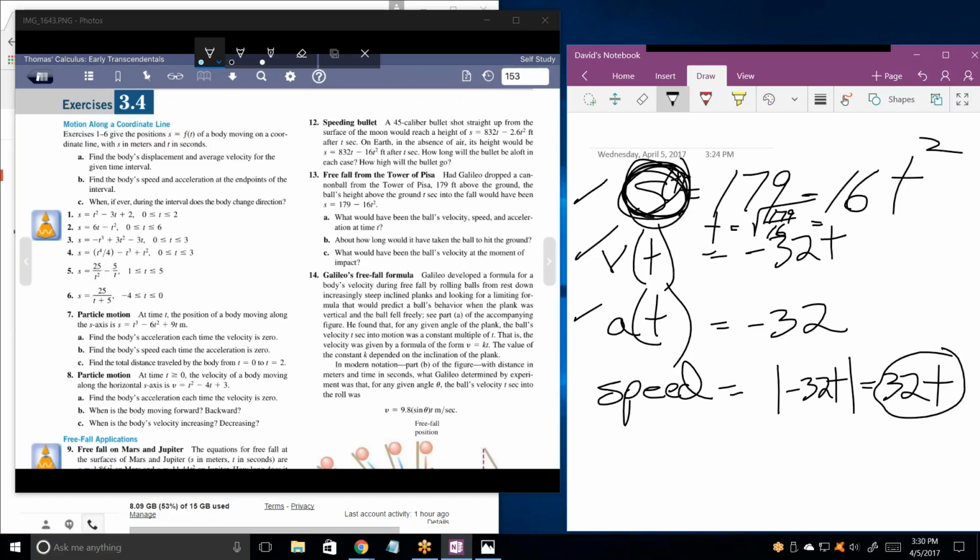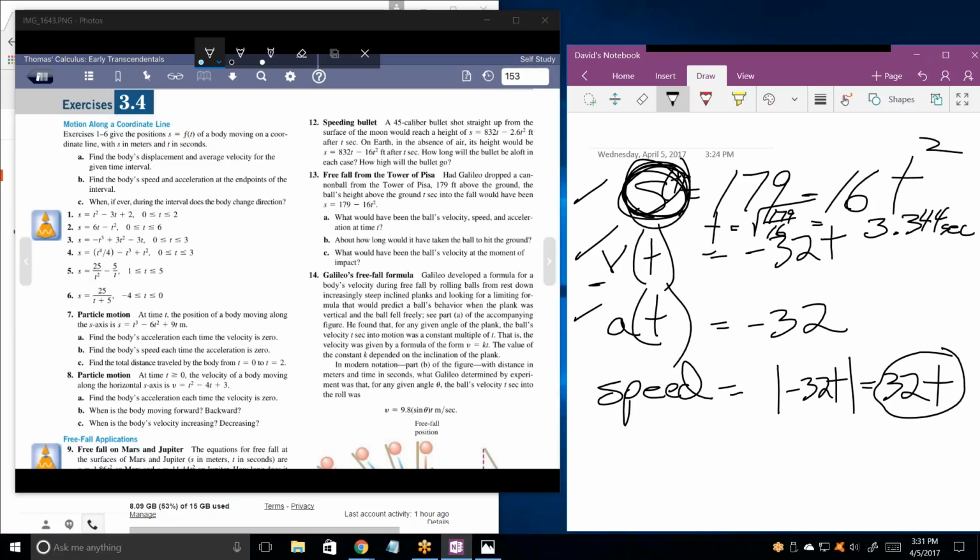I'll do 179 divided by 16 and then take the square root of that result. 179 divided by 16. Okay. That equals 11.18 without taking the square root. Now take the square root of that number. It's 3 point something. 3.344 seconds. That's how long it takes that cannonball to hit the ground.